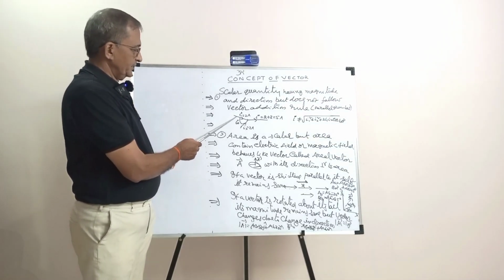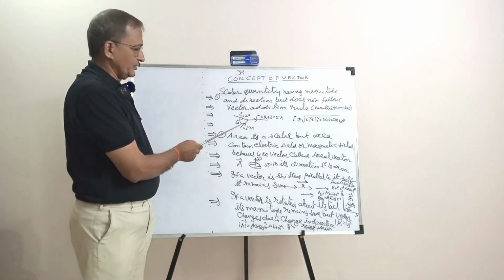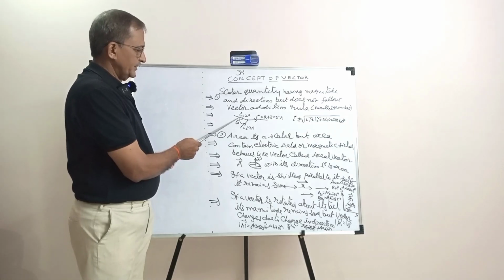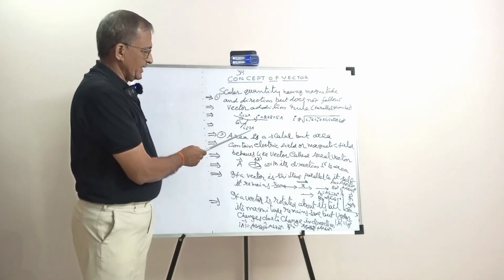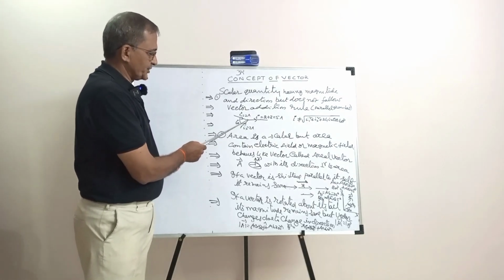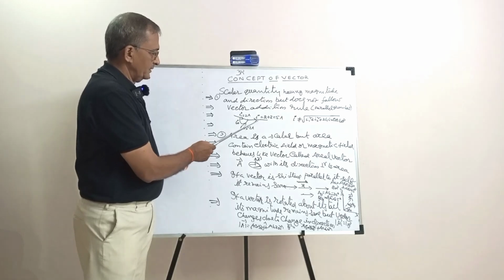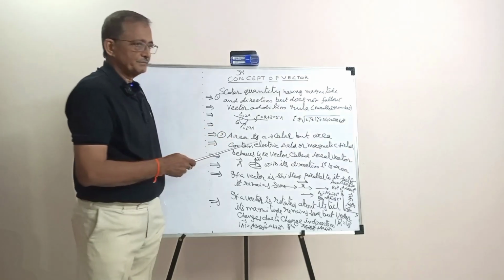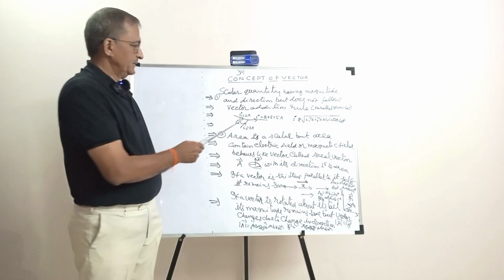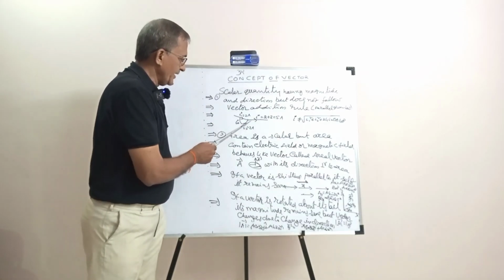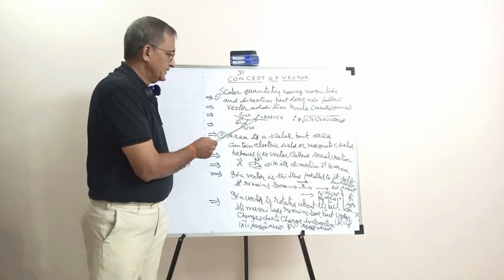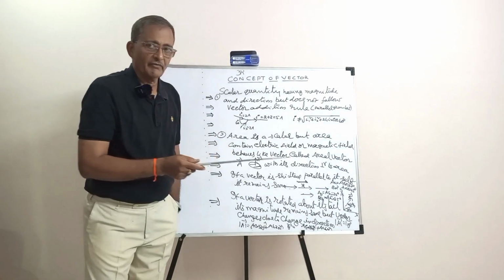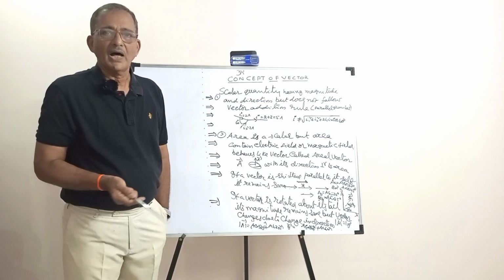Suppose there are two branches of an electric circuit, and in those two branches, I1 current, say 2 ampere, and I2 current, 3 ampere, are entering this junction and they combine as 5 ampere. It has magnitude and direction as represented by arrows. But electric current does not follow the vector addition rule, that is the parallelogram law.